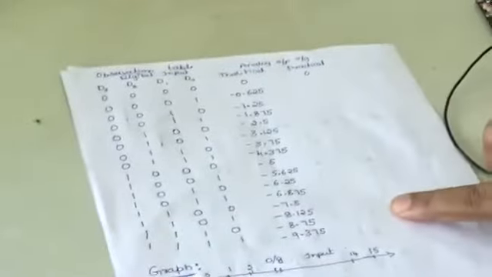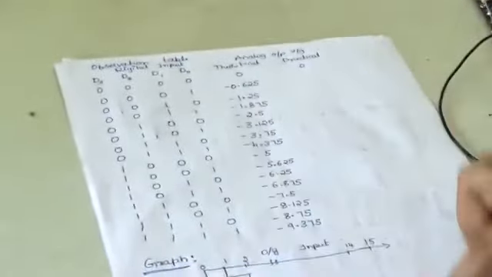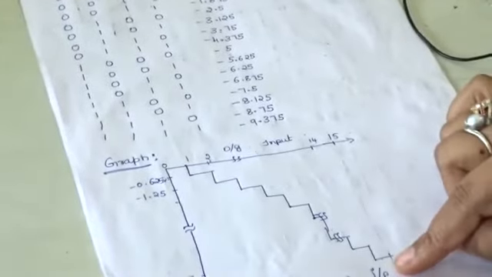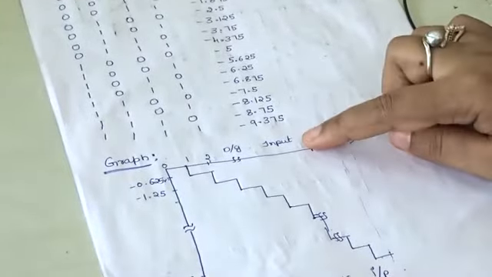Now, using the formula I calculated the various theoretical values, and for these theoretical values we are going to observe the practical values. This is a graph you can see, the output versus the input. The output is the analog voltage, and the input is the digital input.